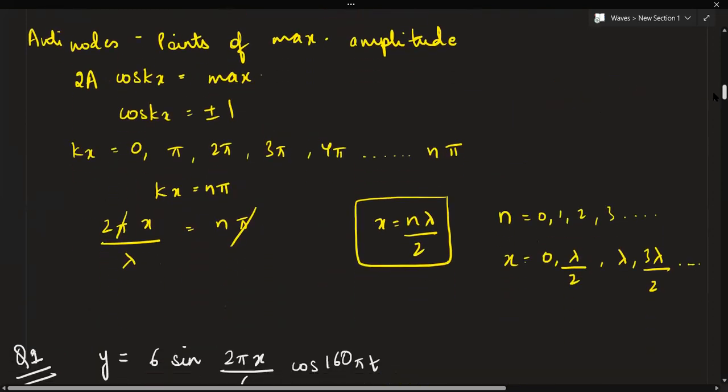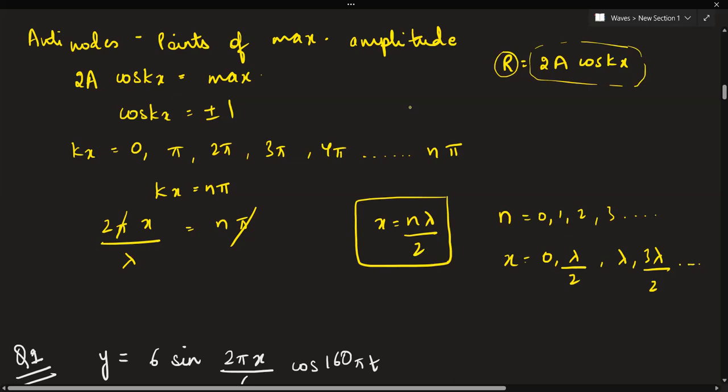Then we have the antinodes. As I've told you, antinodes are the points of maximum displacement. So see, this was the equation for amplitude, 2a cos kx. If this is maximum, it means this whole term is maximum. So 2a cos kx is maximum at what?